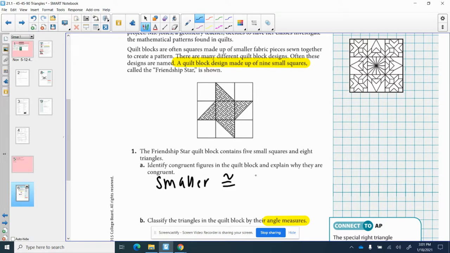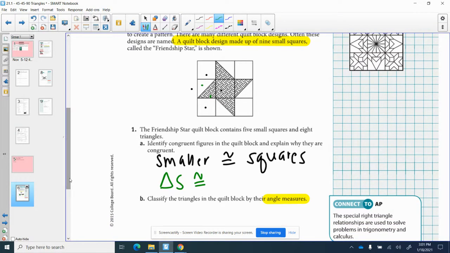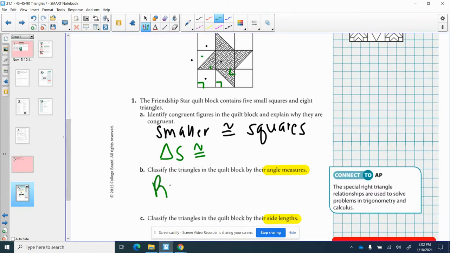And when we cut those in half, given that all 4 sides of these smaller squares are congruent, we know that the 2 triangles inside are also congruent. And specifically, given the right angles of our squares, we would call them right triangles.